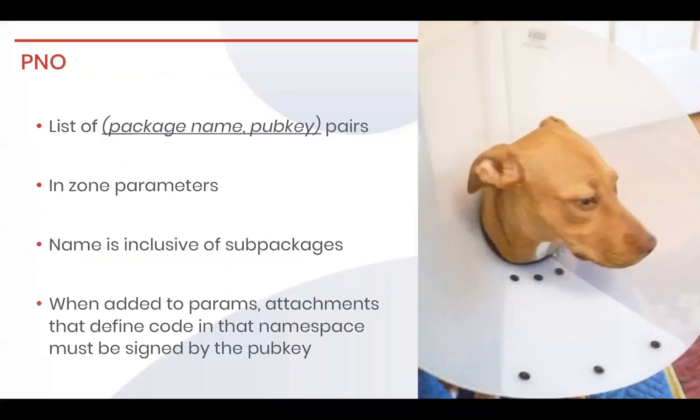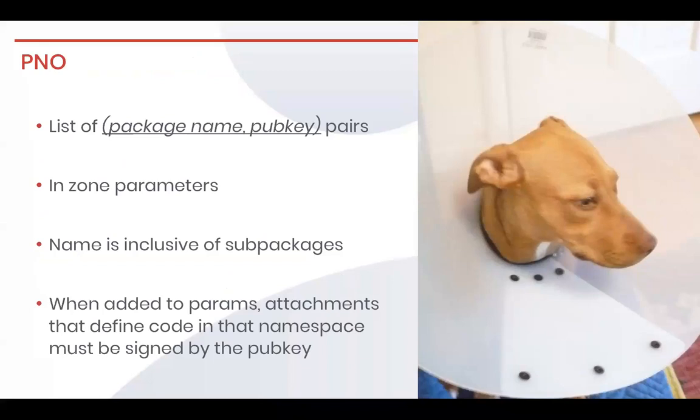The package name is a prefix. So if you claim com.megacorp, then every package under com.megacorp.whatever is also claimed. And when the claim appears in the network parameters, you can only define classes in that namespace if the jar is signed by that key.